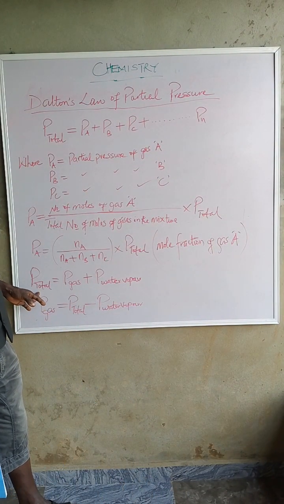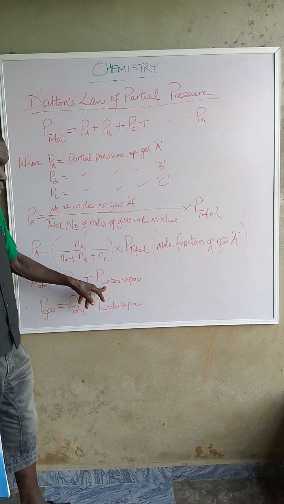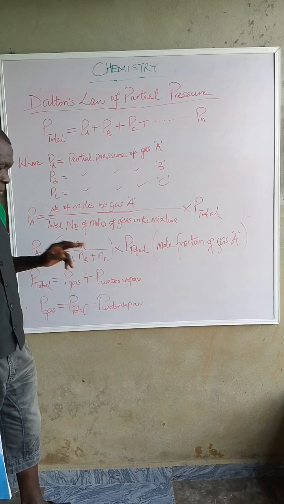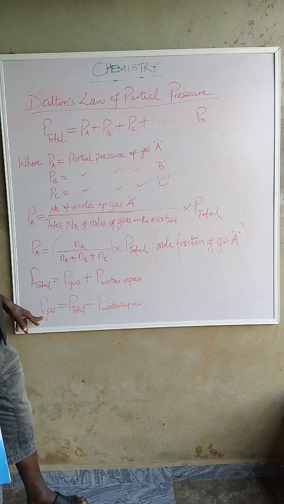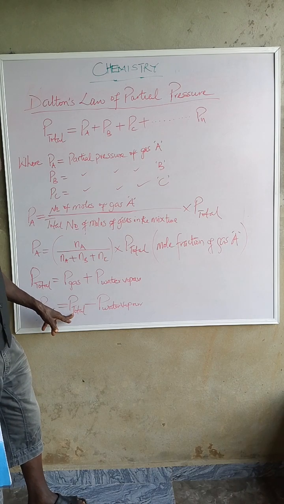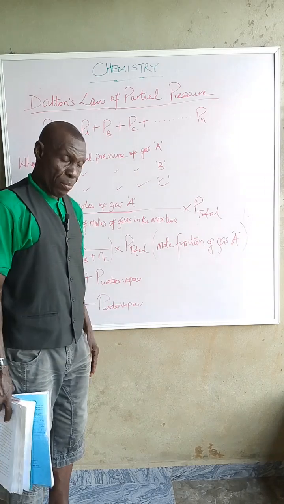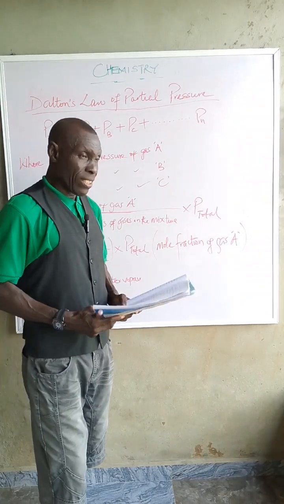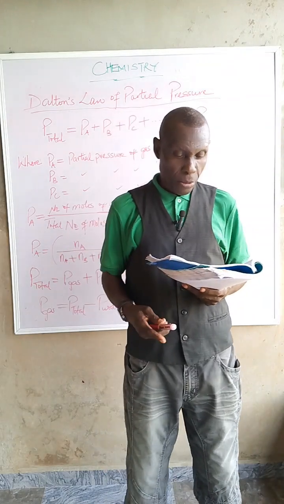Total pressure at that time will be the pressure of the gas plus the pressure of the water vapor. So the pressure of the gas becomes total pressure minus the pressure of the water vapor. When you have done that, you will get the pressure specifically of the gas in question.